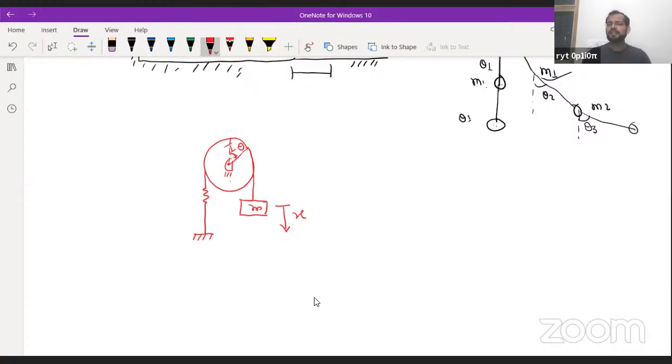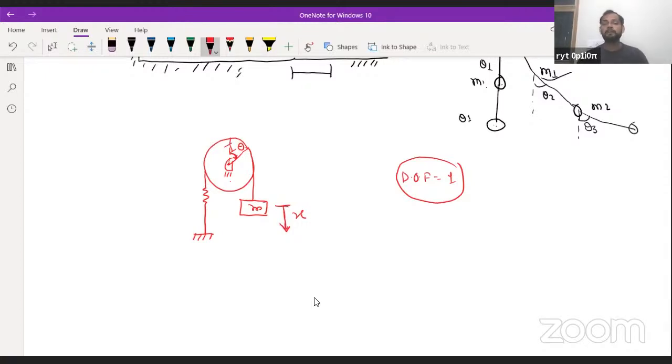Then why are you answering that it has 1 degree of freedom? Can anybody tell me? You are saying that this system has only 1 degree of freedom. But in order to define the motion of this disk, there is a requirement of one angular coordinate, that is theta, and in order to define the motion of this point mass, there is a requirement of one linear coordinate, that is x.